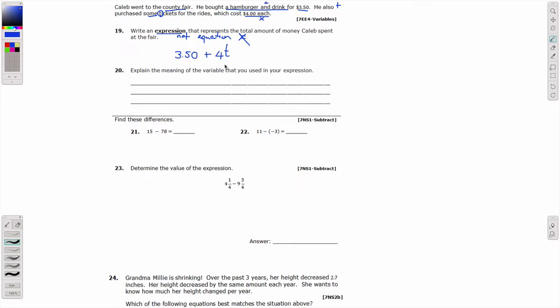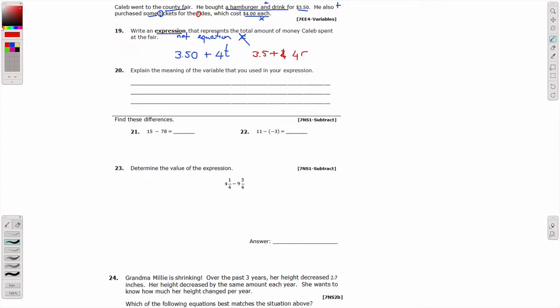I guess I could use a different variable because I could use the variable R for rides. Again, I don't know how many he bought, so I could write 3.5 plus 4R.